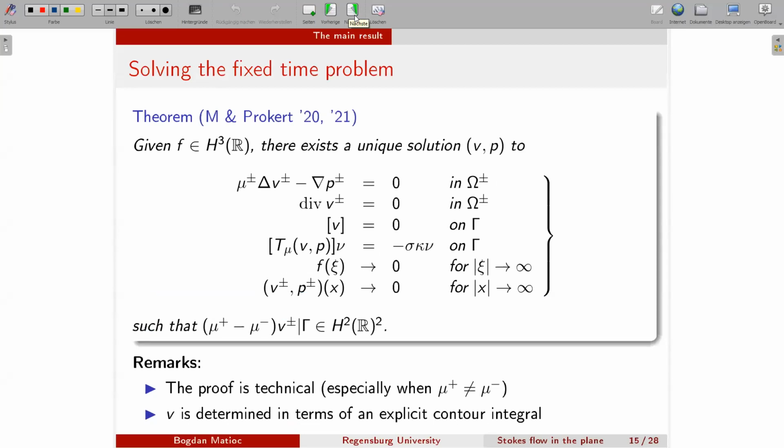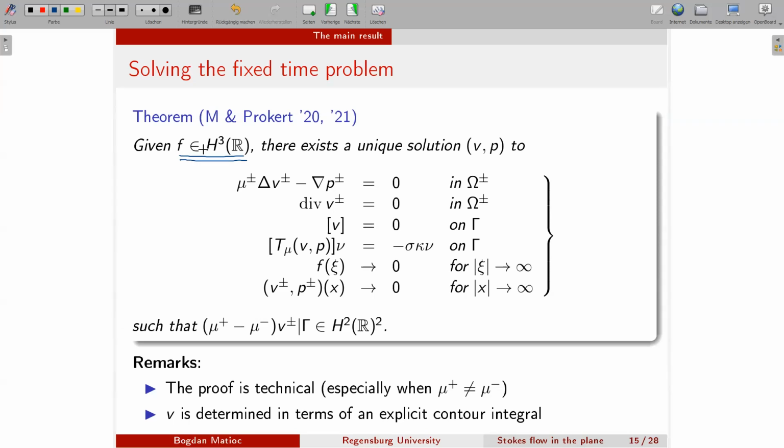So I will now point out how to obtain this evolution equation. And the first step is, as I said before, to solve the boundary value problem for the quasi-stationary Stokes equations. And the result is obtained together with Georg Prokert. f is in H3. So we need at this point that f, the interface between the fluids, is an H3 function, and it's assumed to be given.